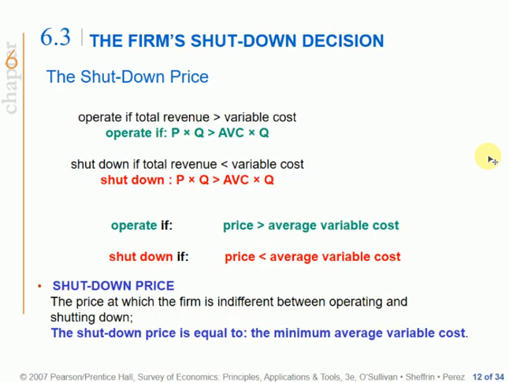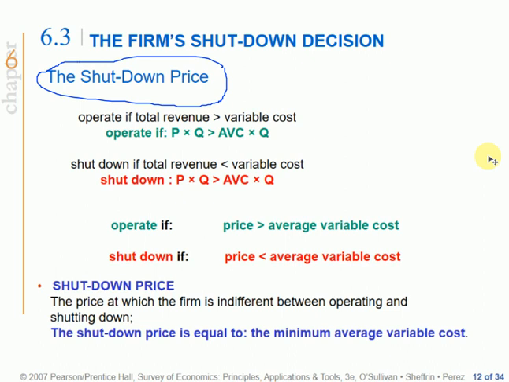This is very important. Now we need the second point, the second price, to know under which conditions the firm accepts to operate in the market. Here we need what we call the shutdown price, below which price the firm closes its doors, below which price the firm shuts down.